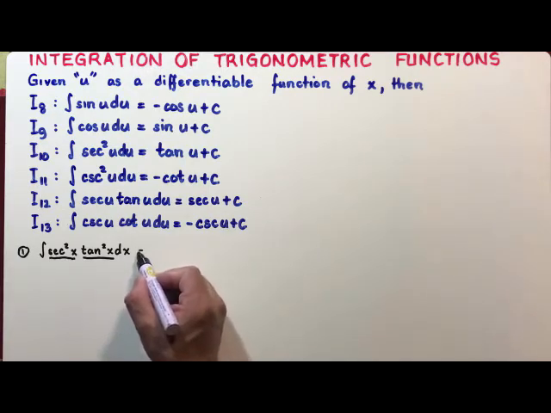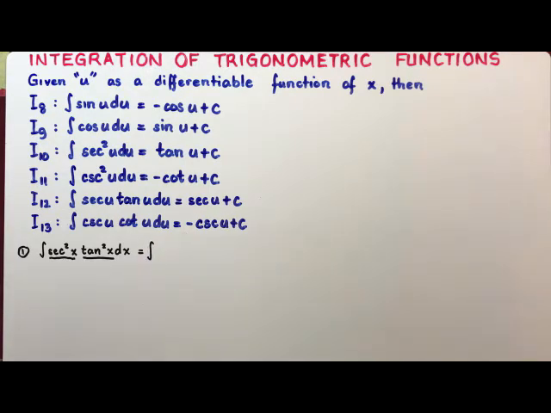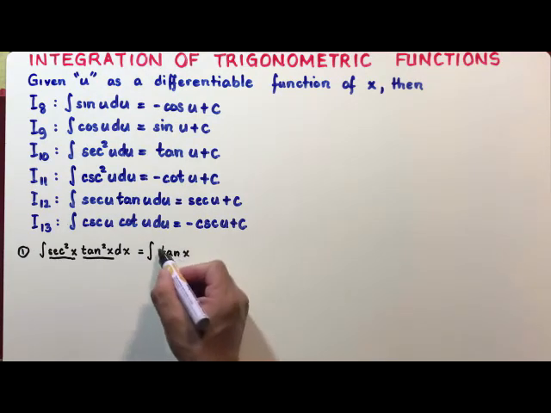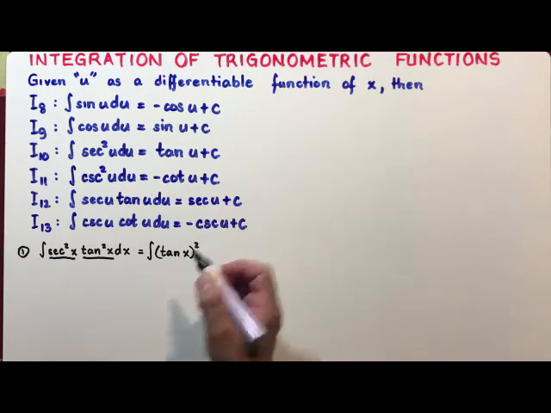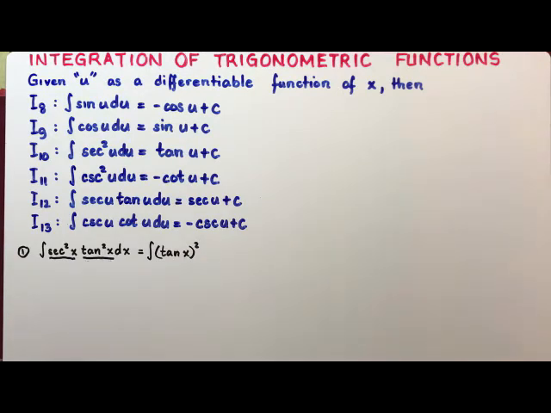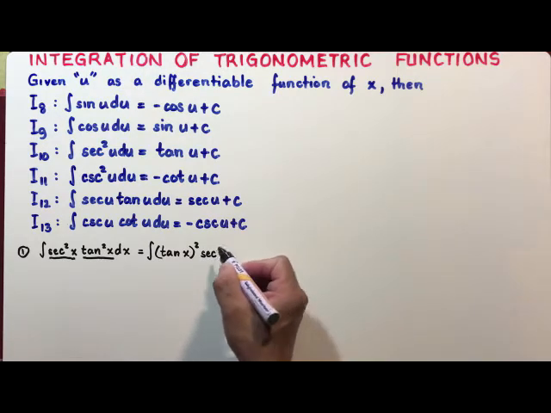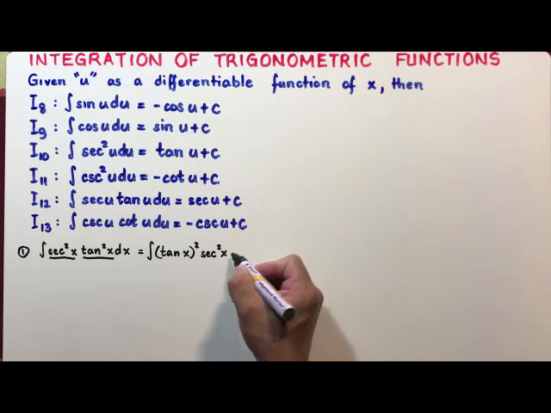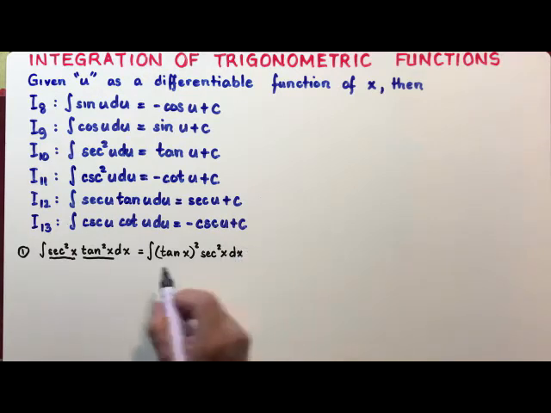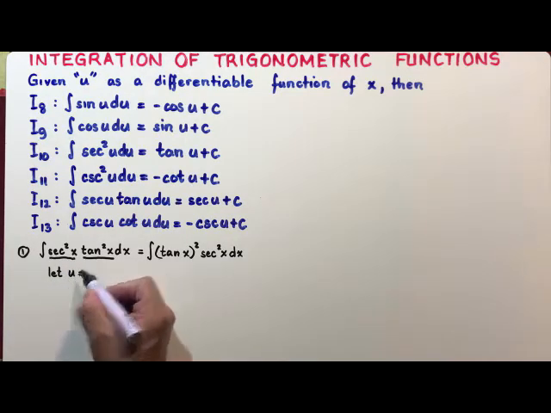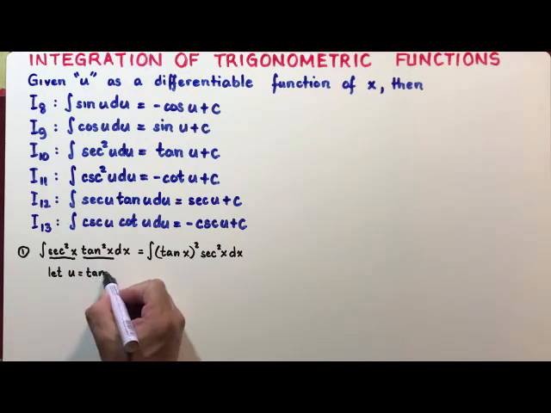When we rewrite this integrand, I will write tangent squared x first, and then multiplied by secant squared x, and of course there is a partner of dx for the integral symbol.